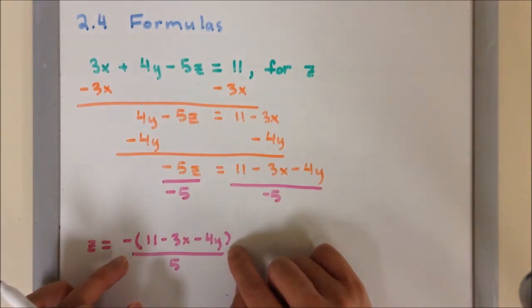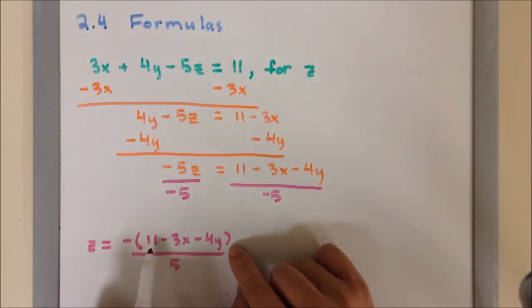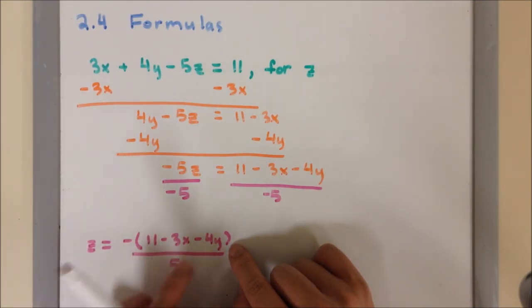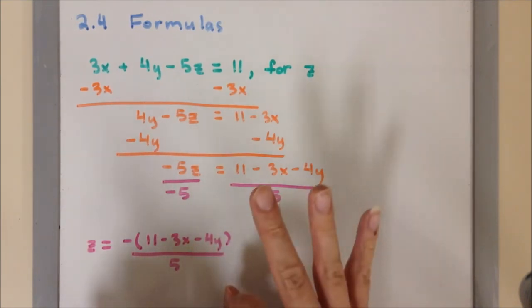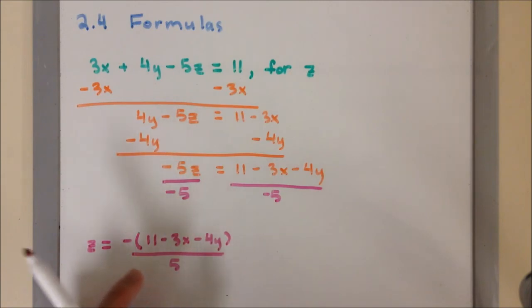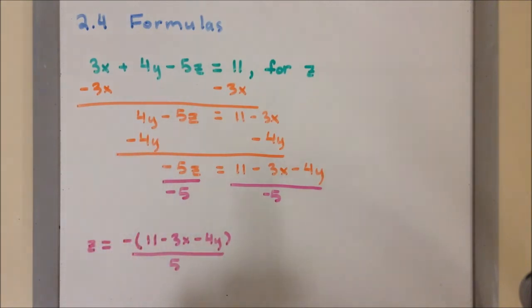The reason I include parentheses is because I have multiple parts in the numerator, meaning more than one. My multiple parts again are 11, 3x, and 4y, so I have 3. If it was just one part, then it's easy to move the negative to the top without parentheses.